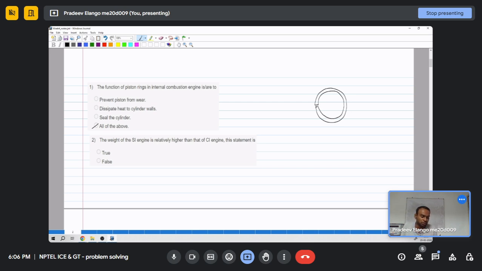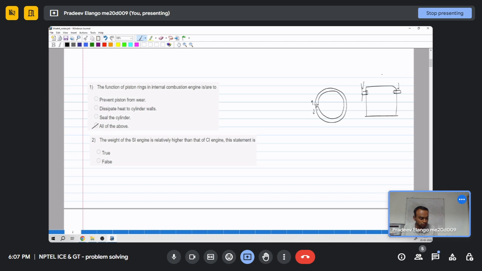You have to expand this, put it over, and then put it through the cylinder grooves. You expand it and put it through, and once it comes to this position, you can release the expansion. Then it will be held by the force.